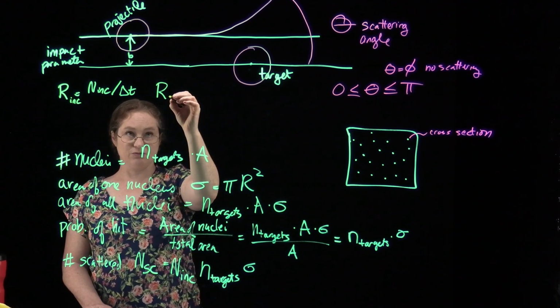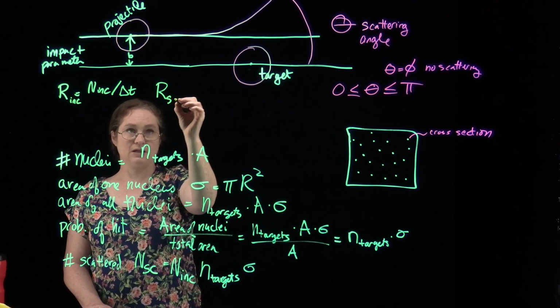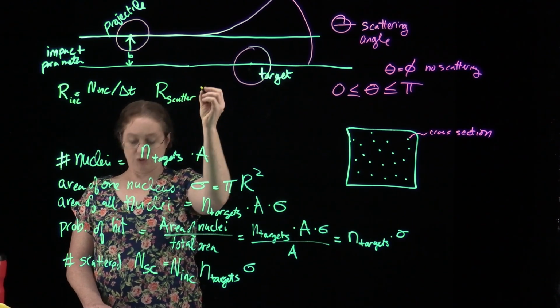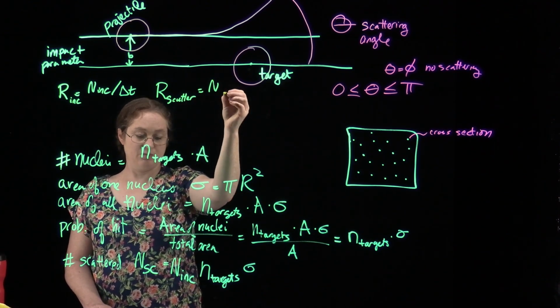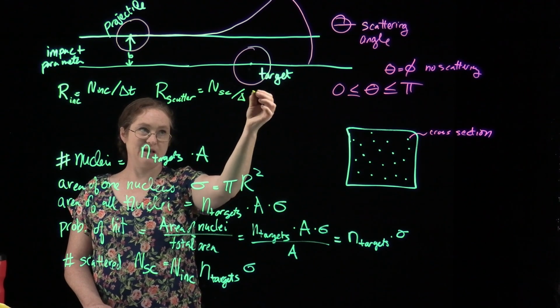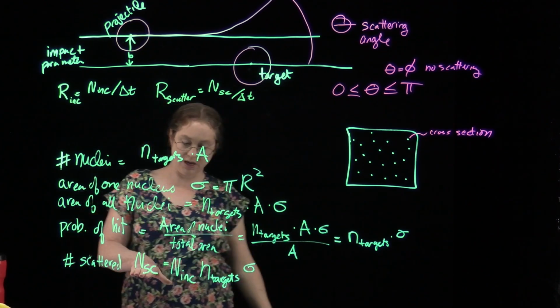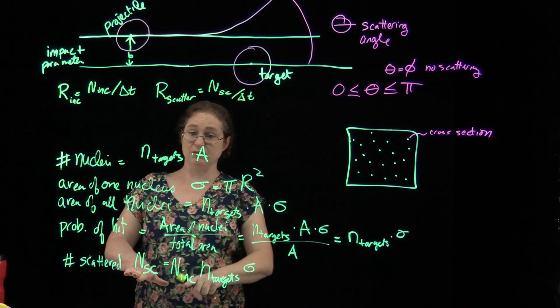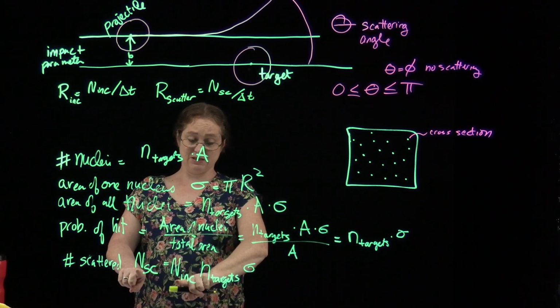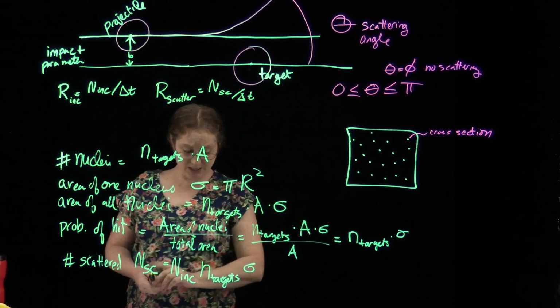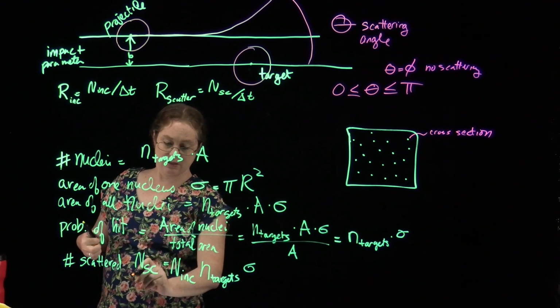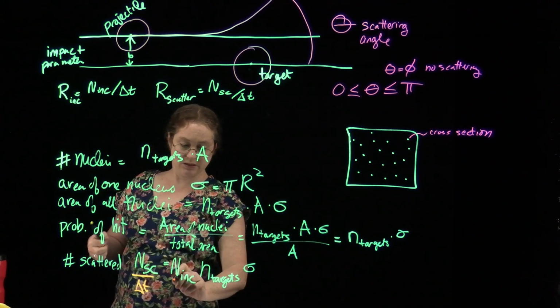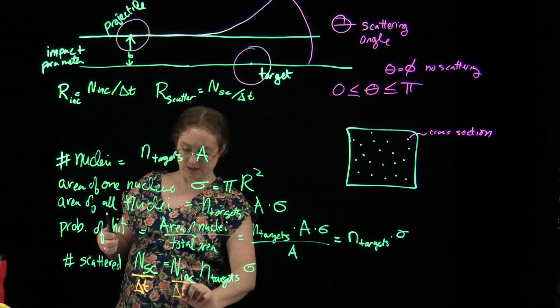And then we have a rate of scattered projectiles, which is the number scattered divided by that same change in time. So this becomes a rate, and so we're basically dividing by delta t on this side and this side.